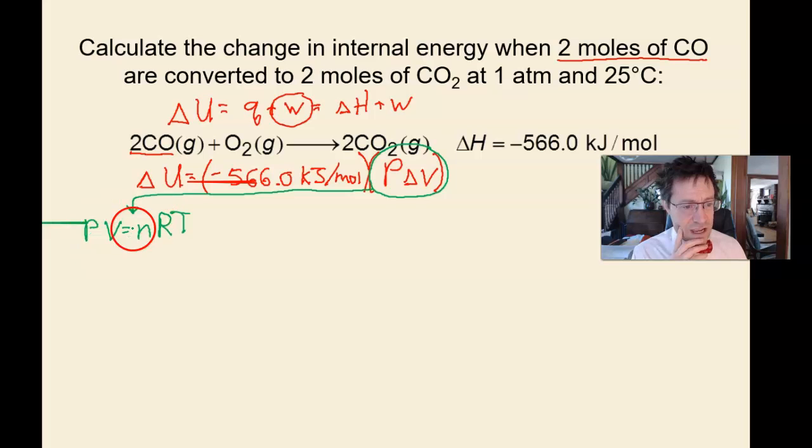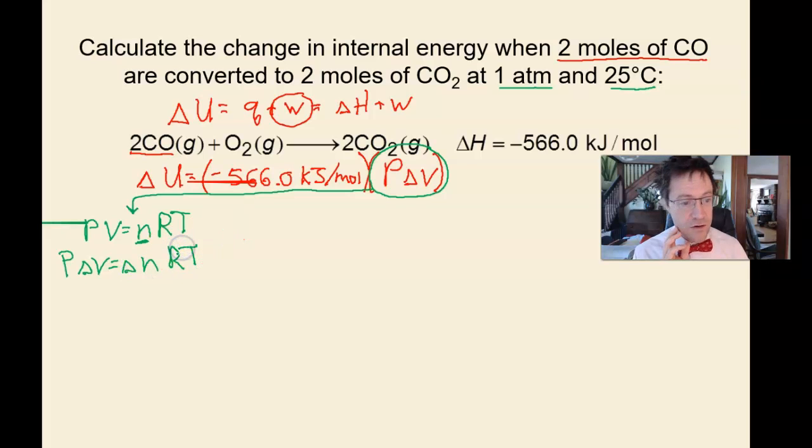So the pressure is staying. What's changing in here? It's going to be this guy. This is the thing that's changing, because I'm at 25 degrees Celsius, my pressure is that. So they are not the ones that are changing. So if I have P delta V, the thing that's causing the change in volume is the change in moles.